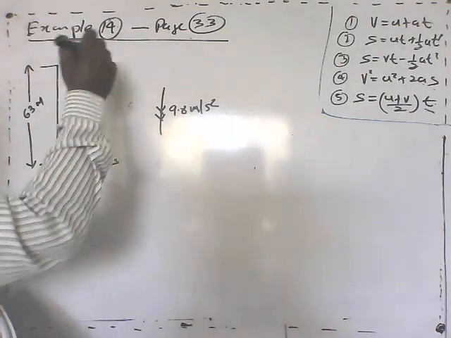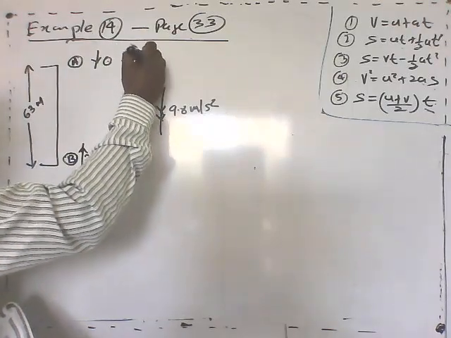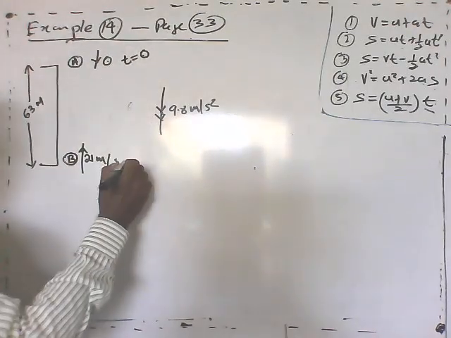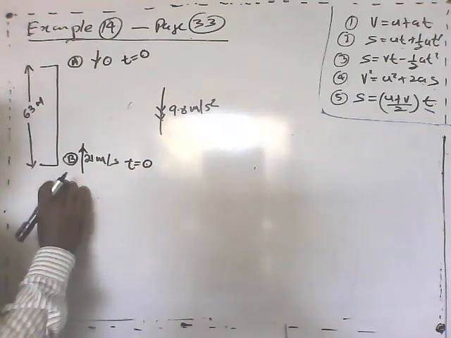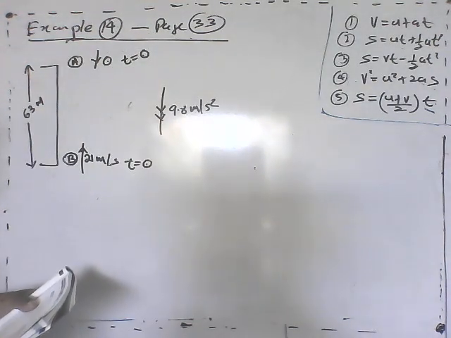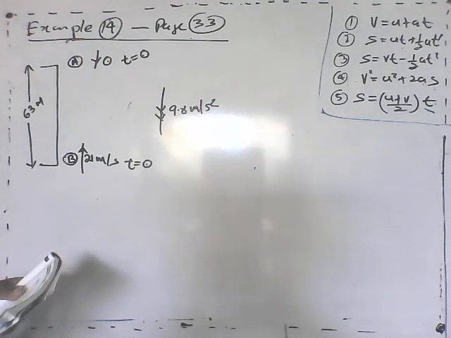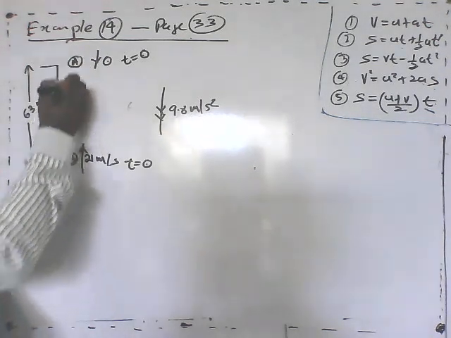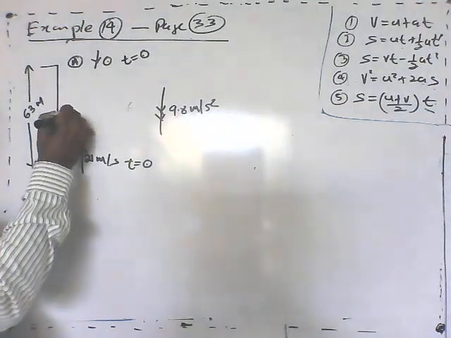So t equals 0. If you take A, at t equals 0 he is here, and B at the same t equals 0 is at the bottom. Both start at the same time, and the balls collide. At some point they collide.